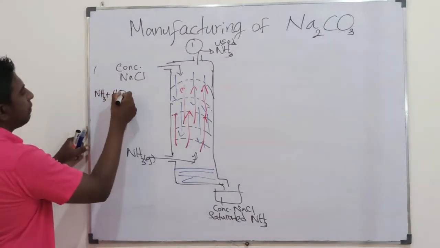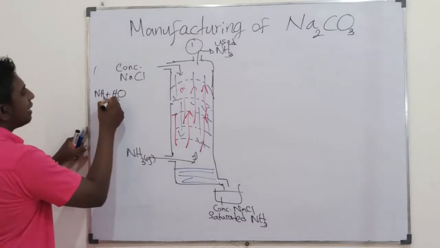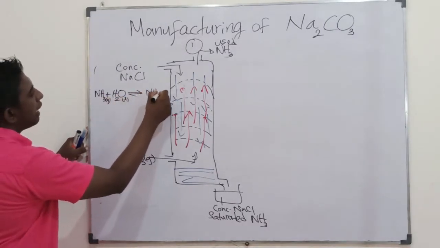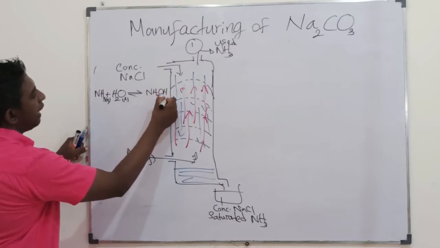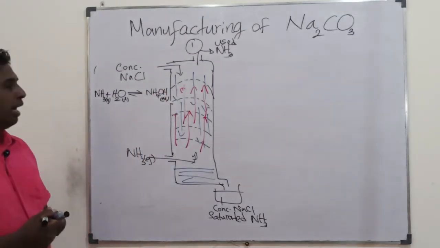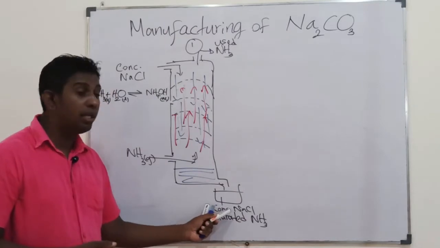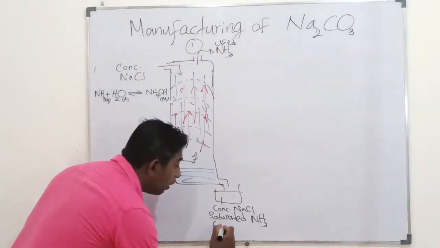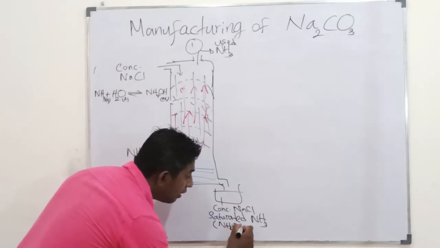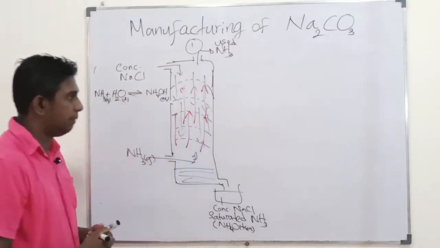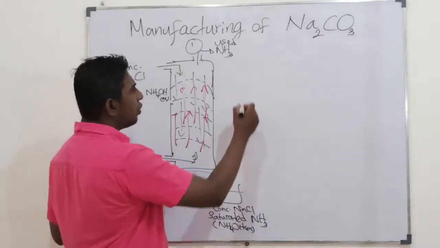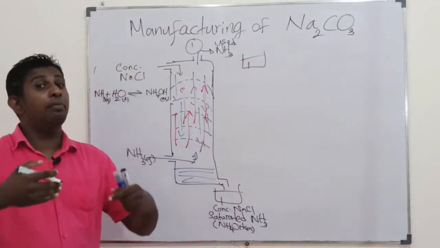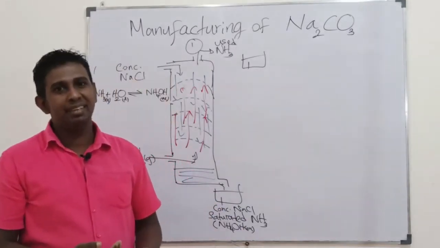You would get ammonium hydroxide, the weak base, being formed in aqueous form. So now you have not only concentrated NaCl in the solution, but also ammonium hydroxide in the solution. If we use this solution, it goes to the top of the second tower. You have another tower as well.